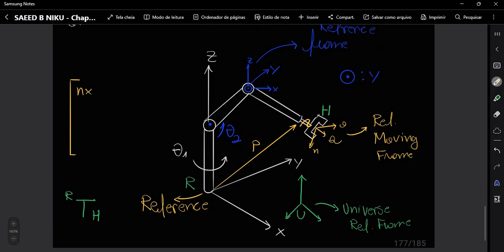And what I wanted to comment with you is that, as this moving frame is referenced to this R frame, we have this matrix exactly shaped on this system of coordinates.